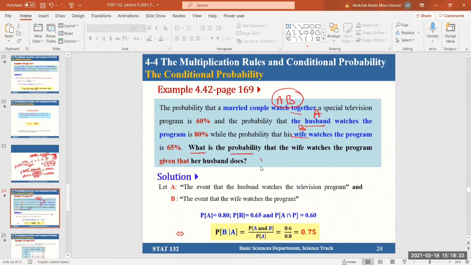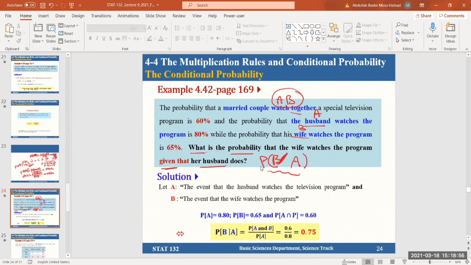We write P of what? That the wife watches the program. The wife is B. Watch the program, given that, we write like this, given that the husband is A.